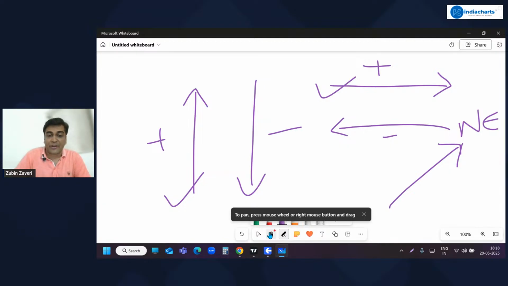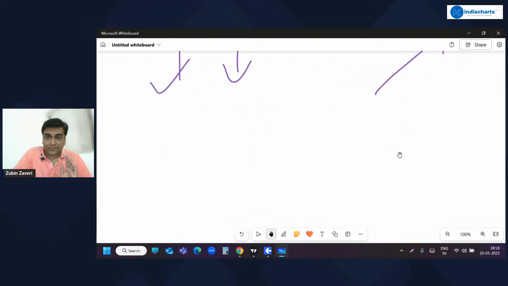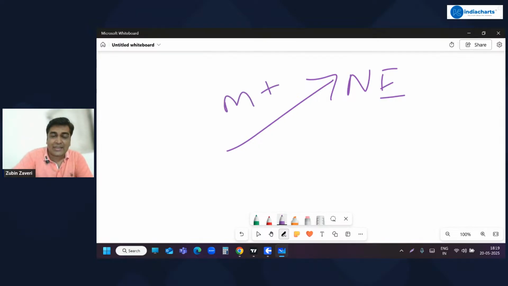So these two put together, what we want is an arrow facing towards the northeast direction. This is what is preferable. In a bullish market, my friends, listen to me very carefully, I'm speaking very slowly. First you analyze the trend of the Nifty. If the Nifty trend is bullish, we want to go with the sectors which are facing northeast, meaning the momentum is increasing and the RS is also increasing.